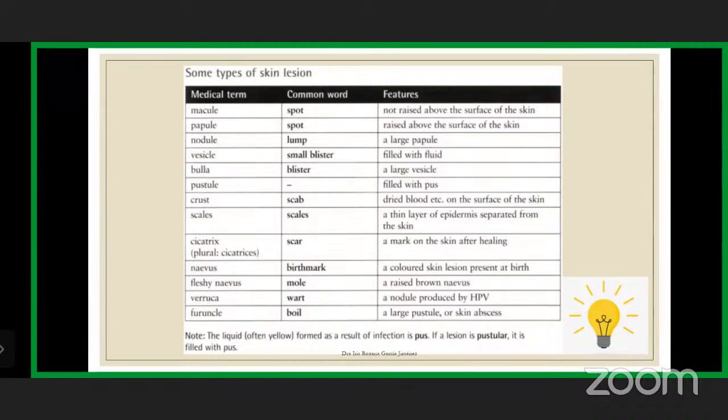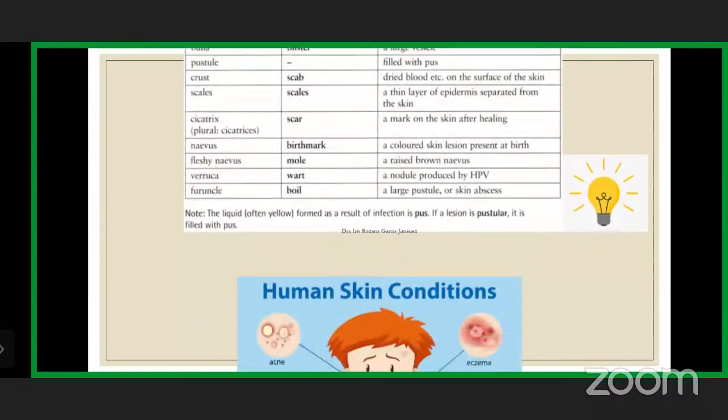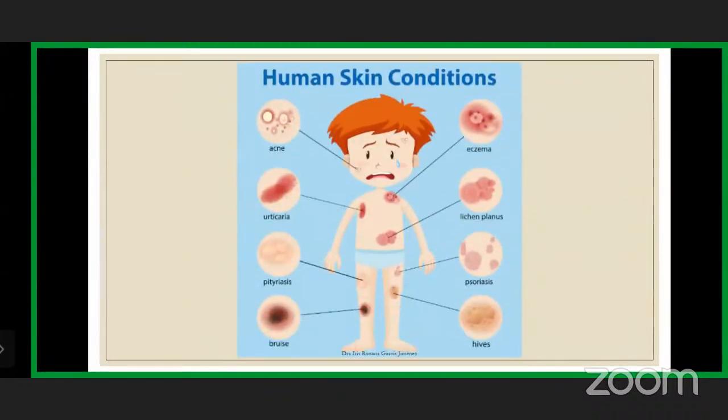Note, the liquid, often yellow, formed as a result of infection is pus. We all know this. If the lesion is pustular, it's filled with pus. Of course, we all know this meaning from med school, just for reminding you and not missing the idea. We have in this slide some human skin conditions in order to get more vocabulary.